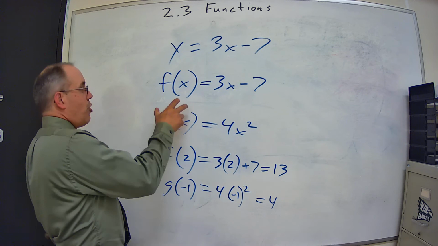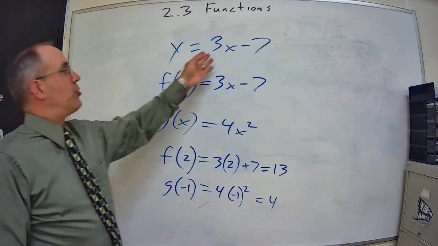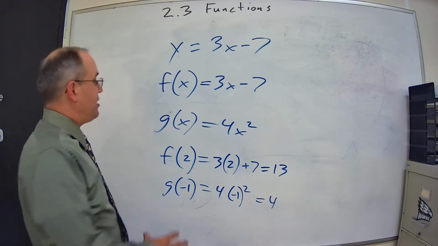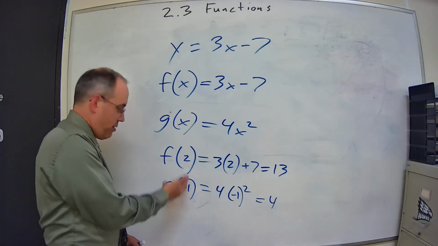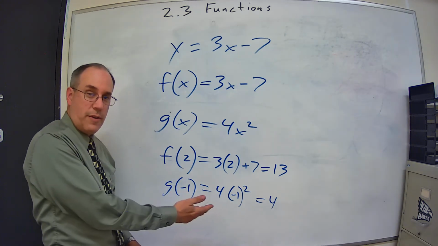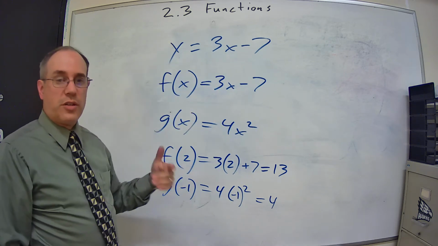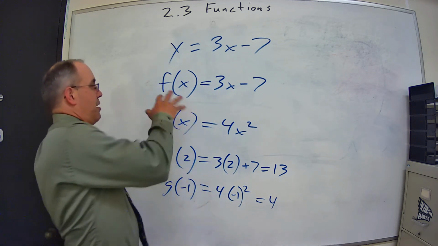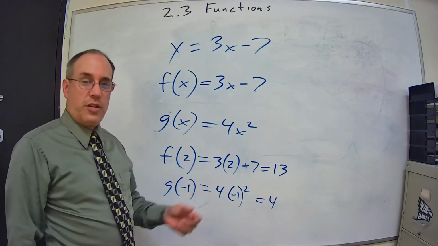So there's really no difference between f of x is equal to 3x minus 7 and y is equal to 3x minus 7. But these do allow us to, one, tell you certain values to plug into it to get an output. And two, they allow you to relate to this numerous times, because now I can say, if f of x is this, now work on it doing such a thing.